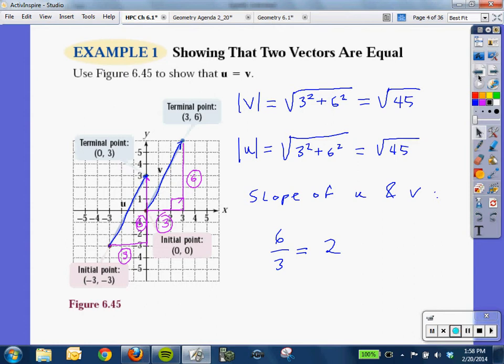If you make these right triangles, you can see that the vector represents the hypotenuse, and so if you solve for your c value, a squared plus b squared equals c squared, you'll find the length of the vector. And then I found the slope of vector u and v by using the rise over the run. Both vectors have a slope of 2, so they both have the same magnitude, they both have the same direction, they're both equal to each other.